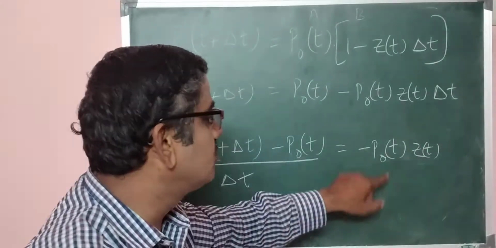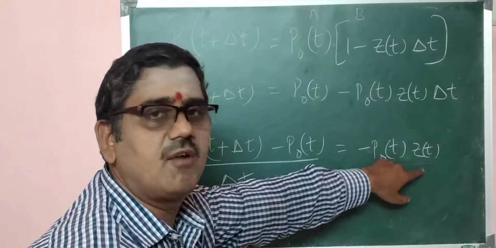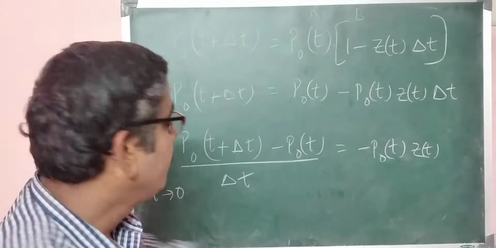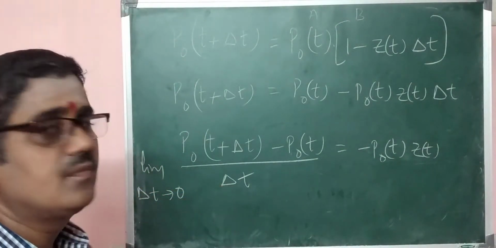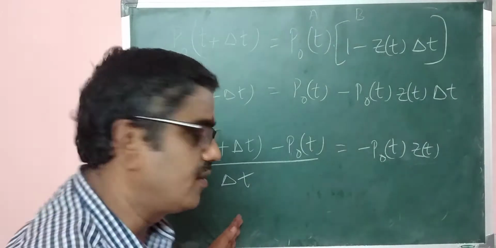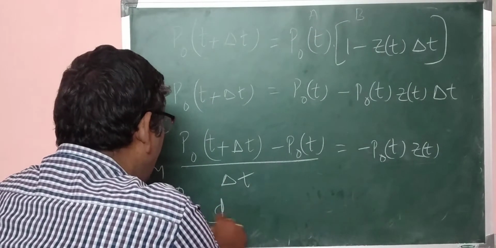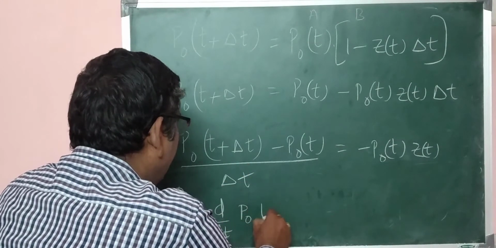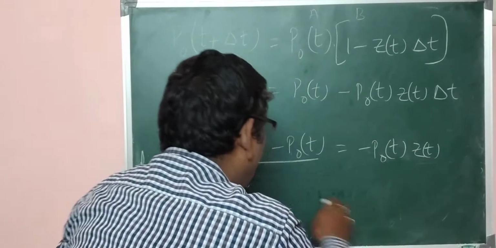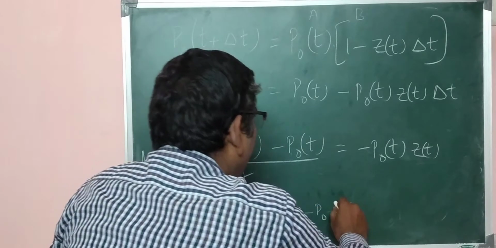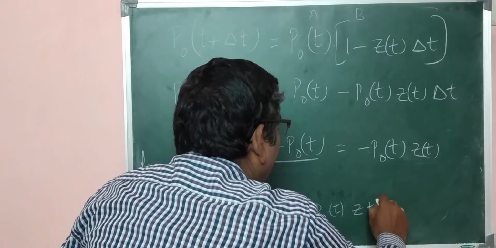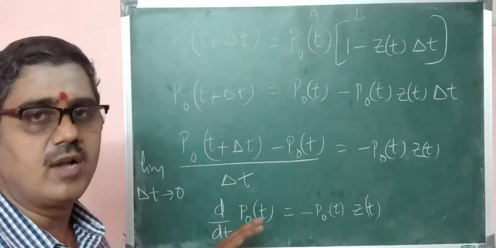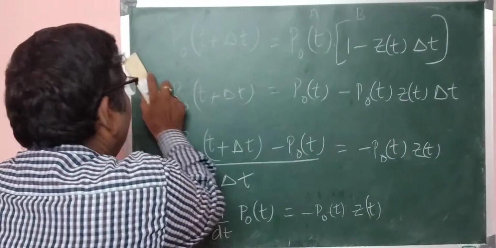Limit as delta t tends to 0 of minus P naught of t into z of t is the same, minus P naught of t into z of t, that's all, right? So what is this? This is the differentiation, that is, d by dt of P naught of t. It is nothing but minus P naught of t z of t. I write here again, right? So this is the derivation we got.